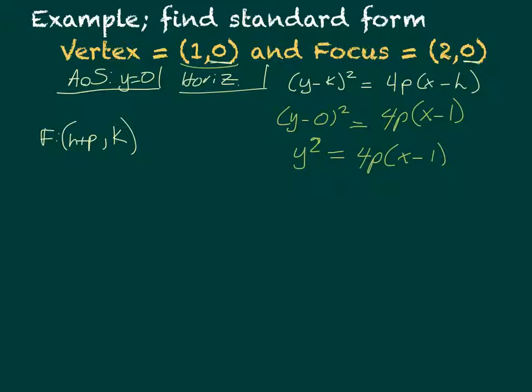I already know that h is equal to 1, so 1 plus p, and I also know my k is 0. I find p by using my focus point, which is 2, 0, so this needs to equal 2, 0. That must mean that 2 equals 1 plus p.